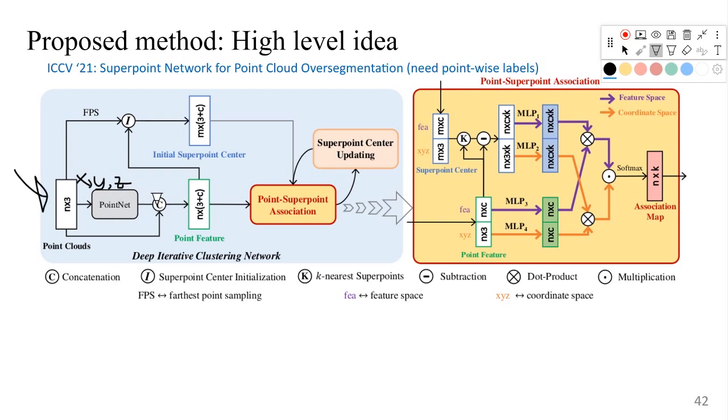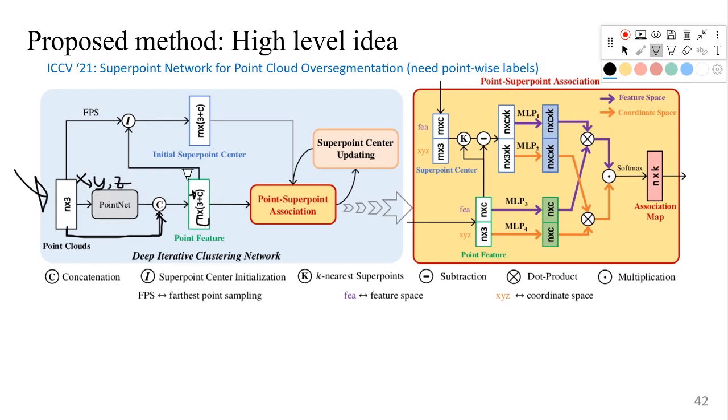So we get c, the embedding dimension, for the n points. Then we concatenate the original point coordinates, so that we have n points with the original 3 coordinates and the corresponding c embedding dimensions of the point features.